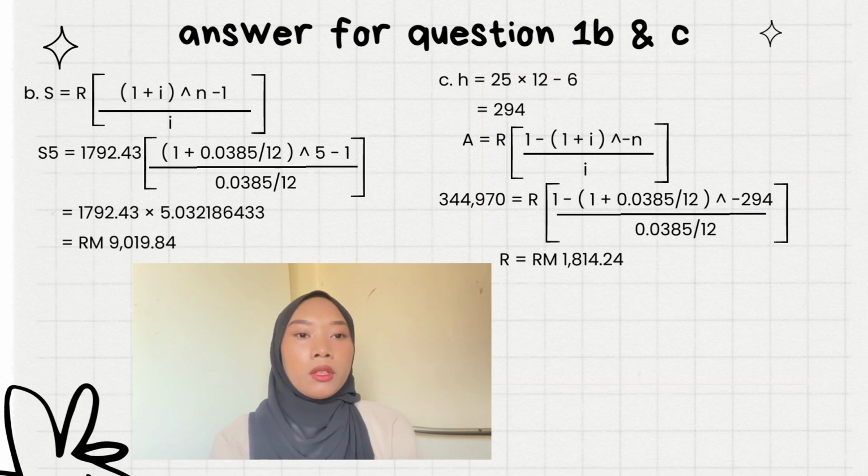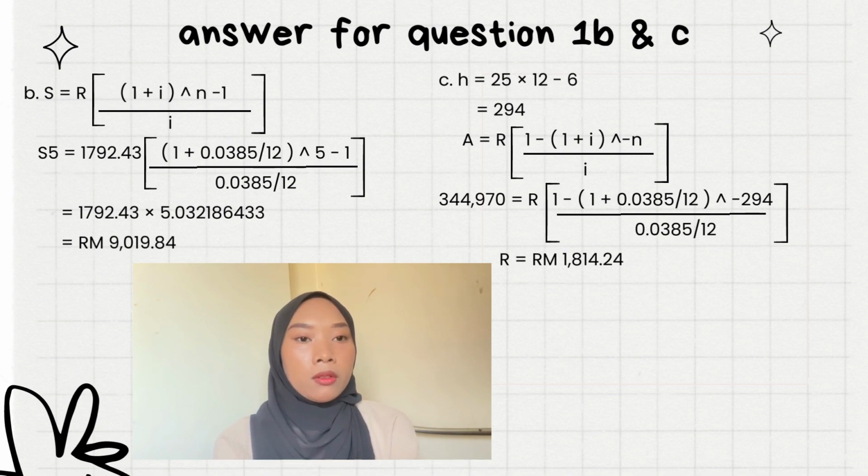Next question is B, which is we have to find the amount that he should pay on the fifth payment. So the formula that we will use is S equal to R in bracket ((1 plus i) to the power of n minus 1) divided by i. So we have to replace it. So S5 equal to 1,792 ringgit 43 cents in bracket ((1 plus 0.0385 divided by 12) to the power of 5 minus 1) divided by 0.0385 divided by 12.